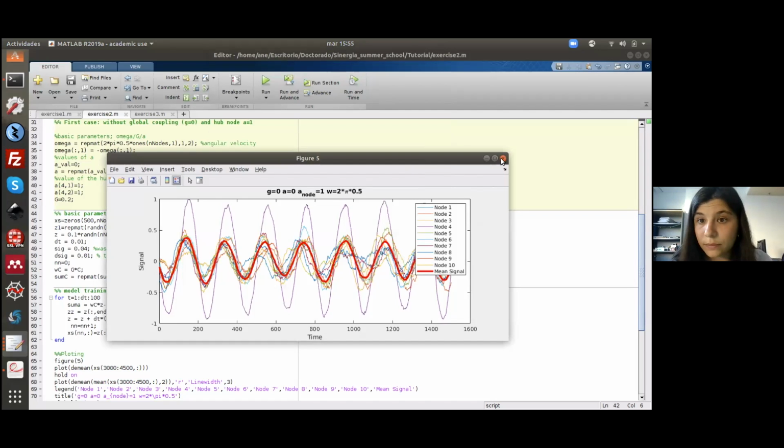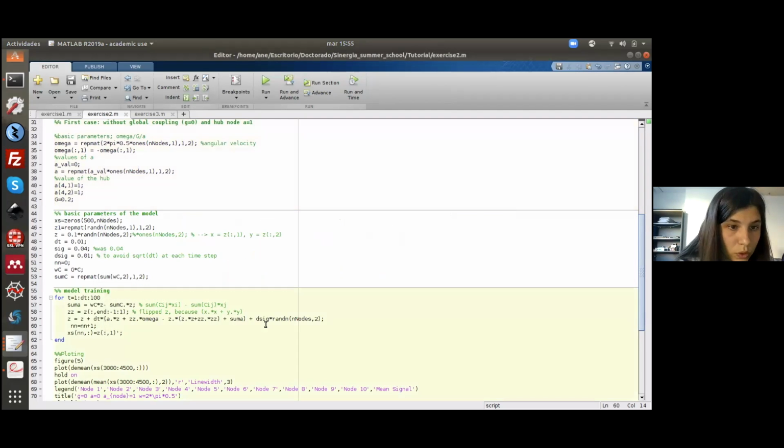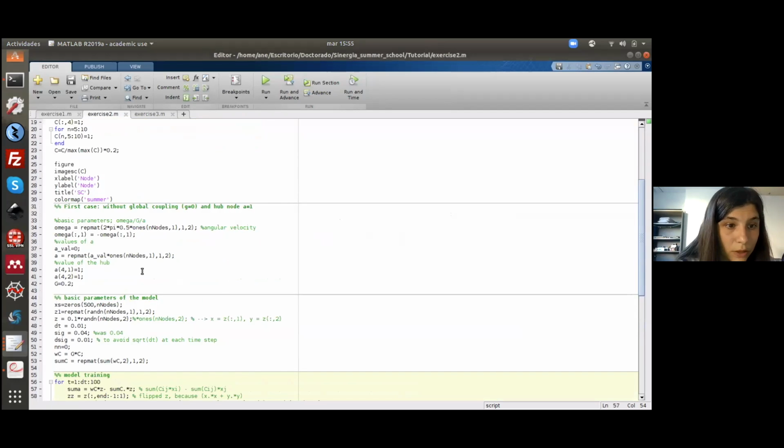Here you can use different values. You can change both the coupling and also the local dynamics. In the case that, for example, the hub is in the phase transition, and we use also a global coupling, so they are still connected, we can see that we also find different dynamics.